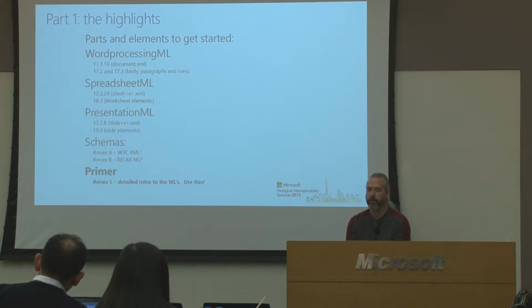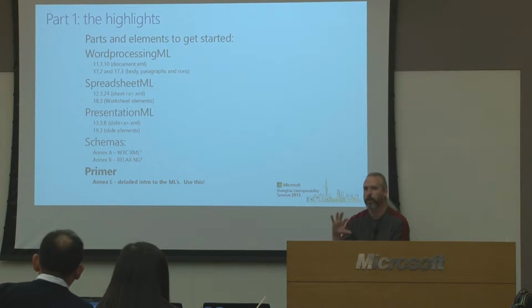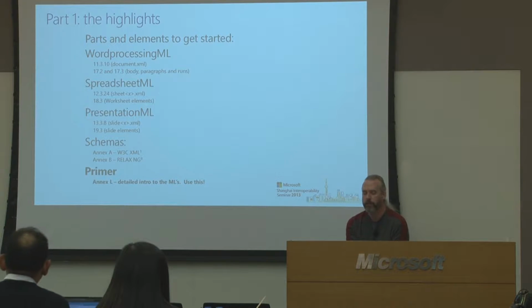And I've listed the other important ones: sheet.xml parts, slide.xml part, and then the schemas. Since this is XML, there are schemas that describe the elements and what types they can take and valid ranges for values. Those are in Annex A and B, in both the W3C version and the RelaxNG version of the schemas.